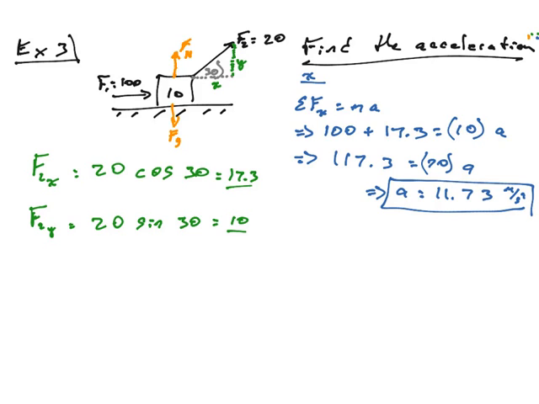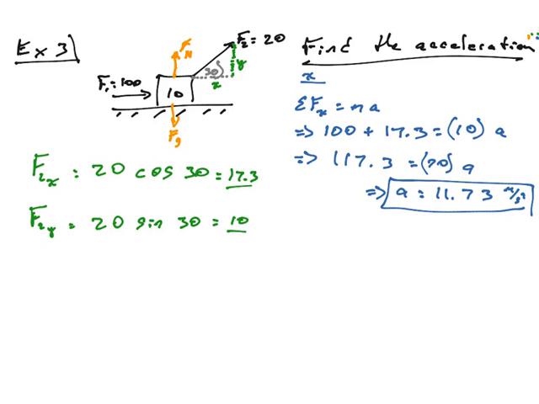Obviously, things are going to get slightly more complicated when we talk about friction. But this is the basics. And this is actually 75% of everything you need to know for Newton's laws. So if you know how to do this, if you can break things into components and do this F equals ma, then you're well on your way to doing everything you're going to have to do for this chapter.